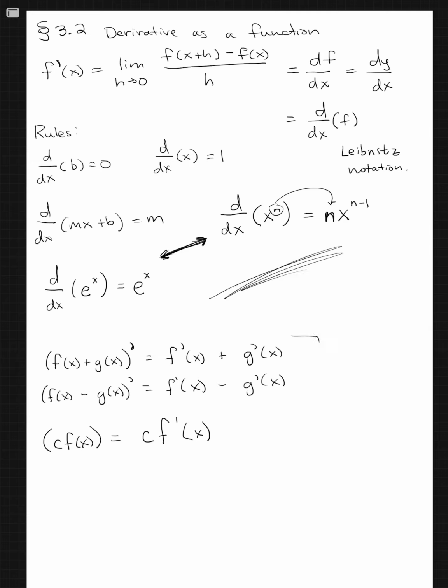Right? So we might notice that these look a lot like the limit rules, and they're very closely related to it, given that the derivative is a limit. However, thanks to the way the limit that is this derivative works, we don't have a product or a quotient rule yet. That's what's coming next section.